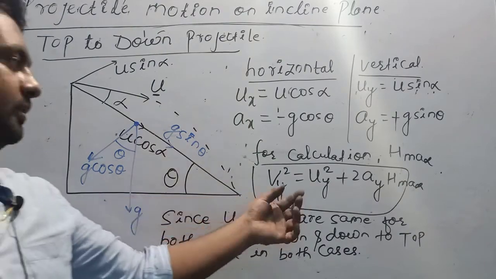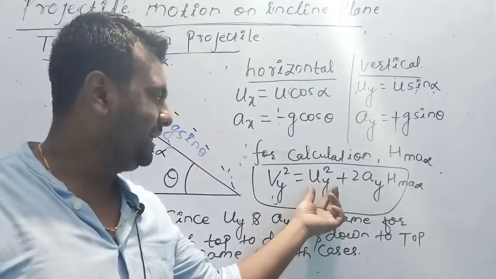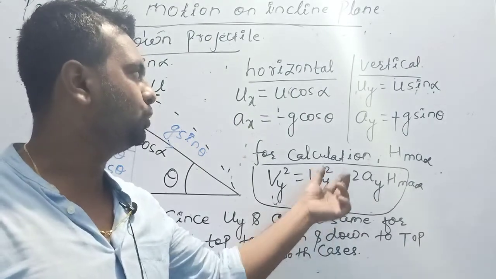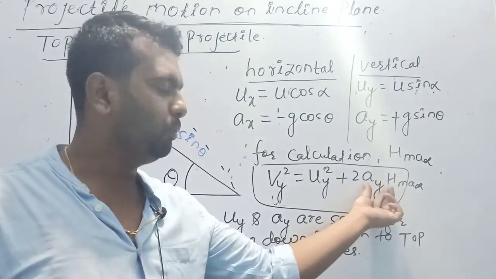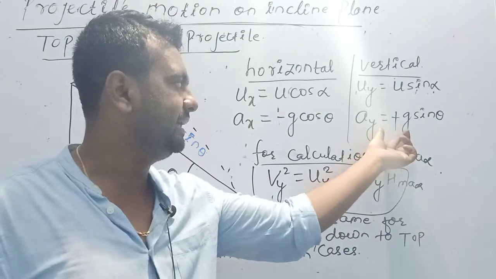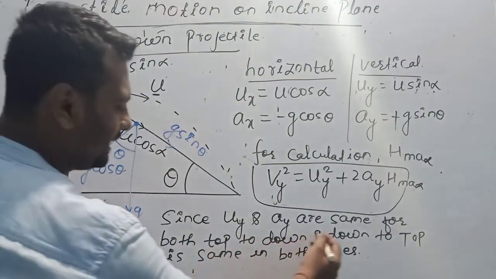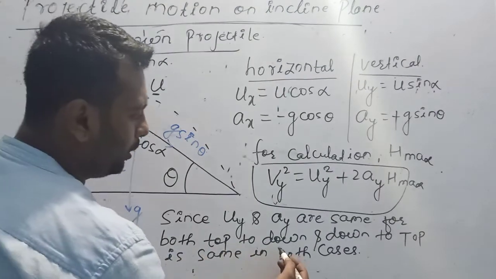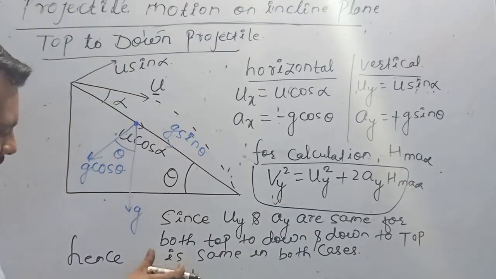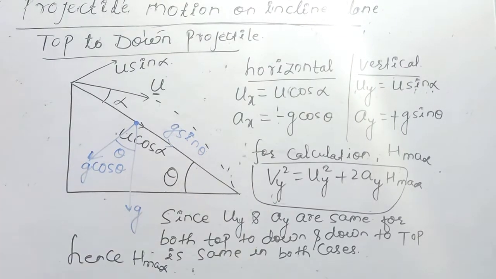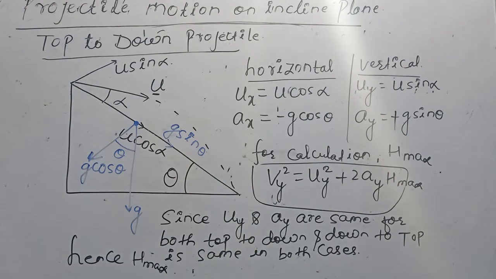Check here. Y component of initial velocity in both top to down and down to top are same. Y component of acceleration due to gravity in top to down and down to top are same. So h max is same in both the cases.